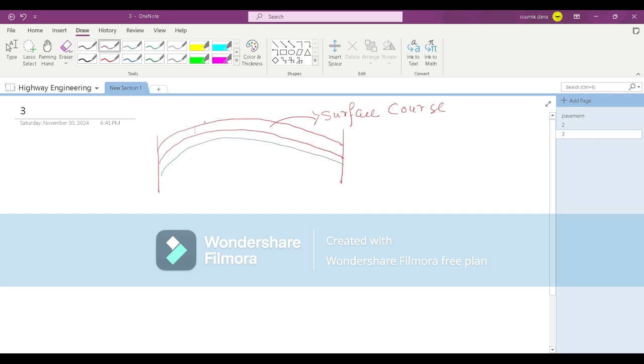That means this is the surface course, and this is the base course.